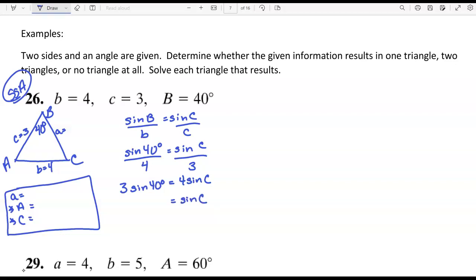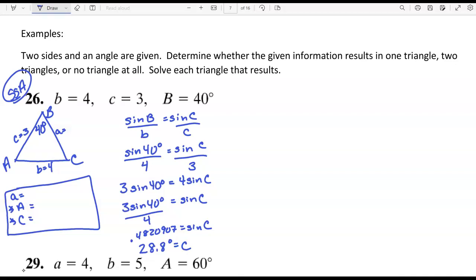So sine of C is going to be equal to 3 sine of 40 divided by 4. And then we're going to plug that in, and then take the inverse sine of that. So I got 28.8 for that.